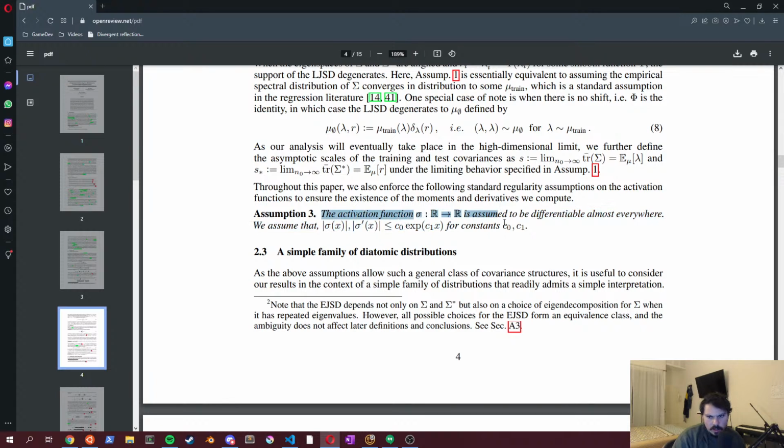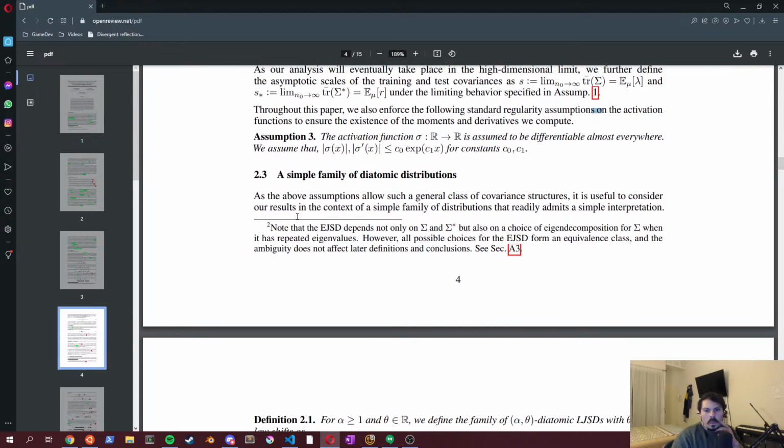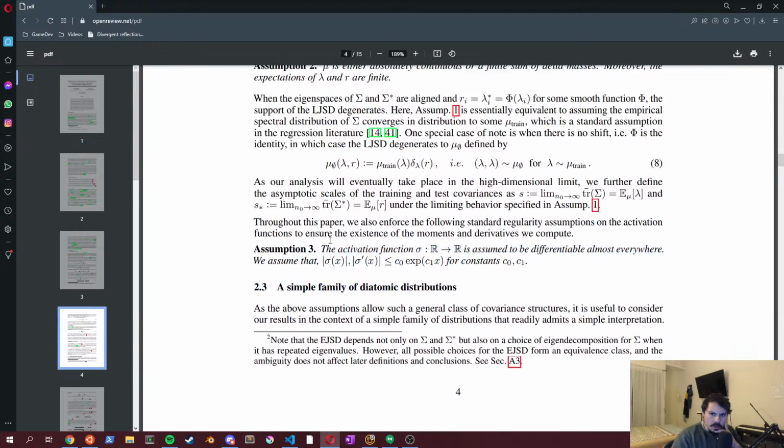So I guess they're just assuming that the activation functions are bounded, essentially, and the derivatives are also bounded.